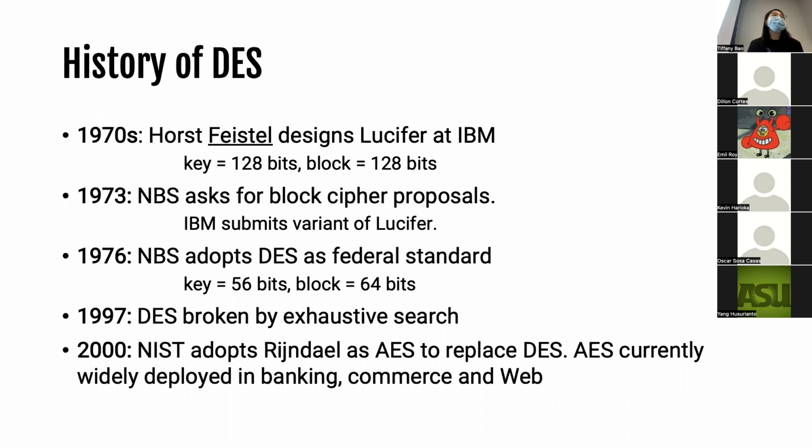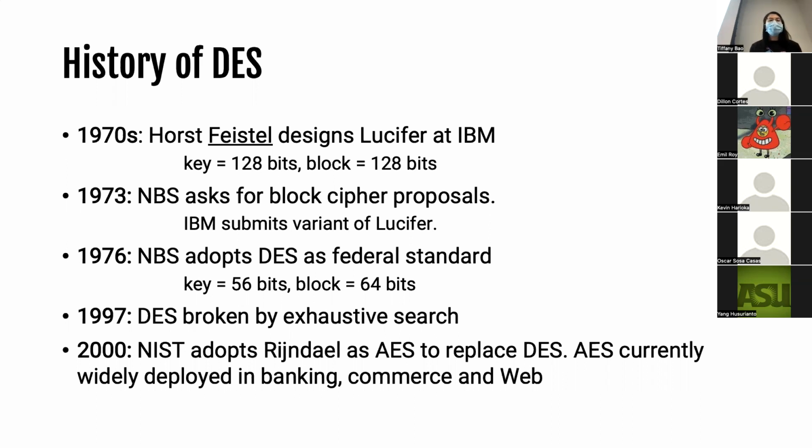Basically, the nation needs a block cipher, and then they collect proposals for different kinds of block cipher schemes. And then Lucifer was a candidate. It was selected in the end, but it was tweaked a little bit based on the consideration of performance, overhead, as well as security.